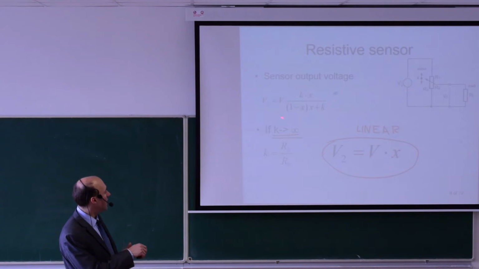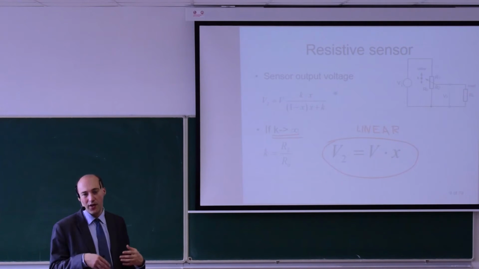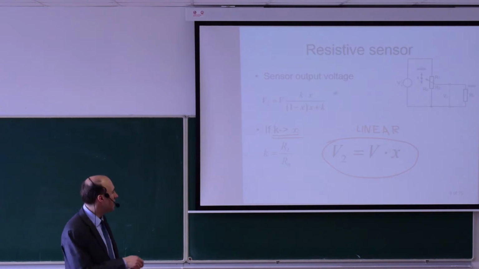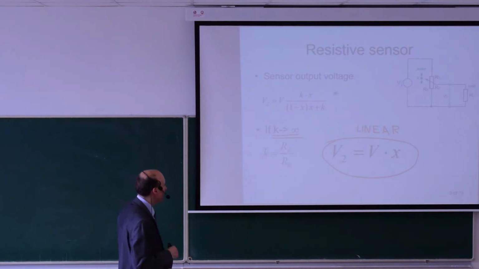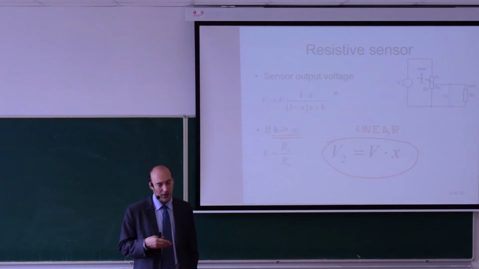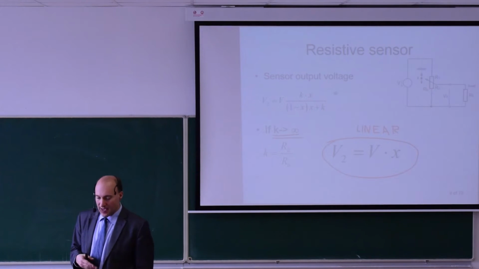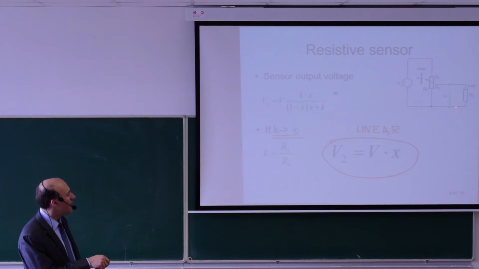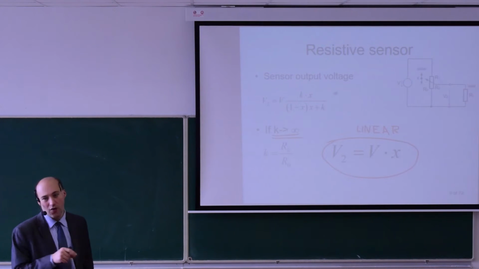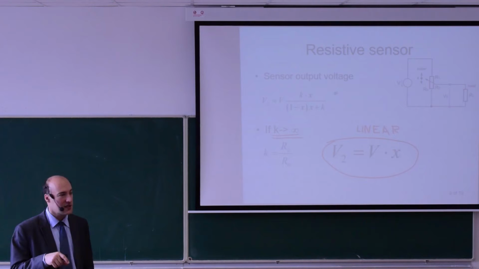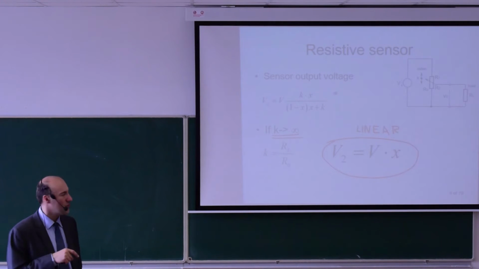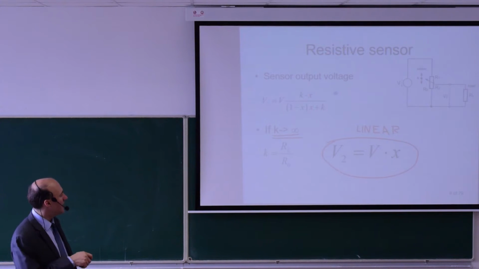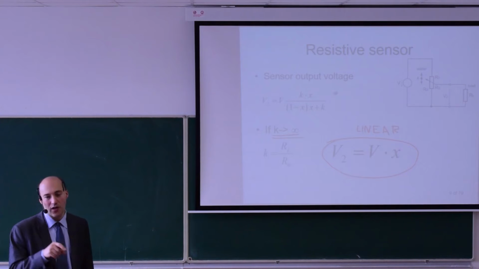If you calculate the limit of this formula when k goes to infinity, you will get this. Now, what does it mean? It means that I need k infinity, and this means that I need a very high input resistance of the voltmeter. In other words, if the voltmeter resistance is sufficiently high compared to R0, then I will be very close to a linear formula.